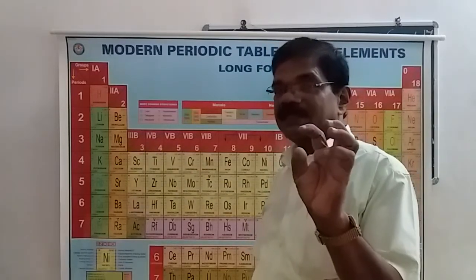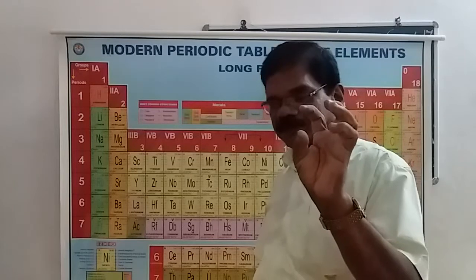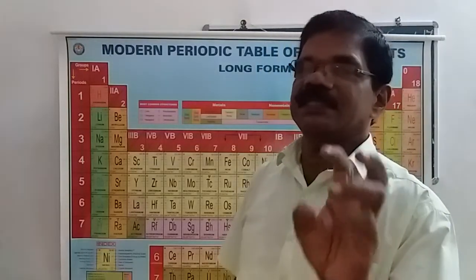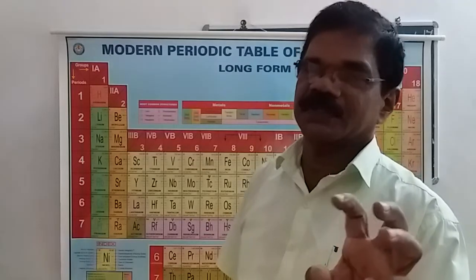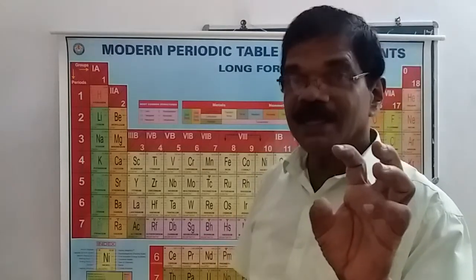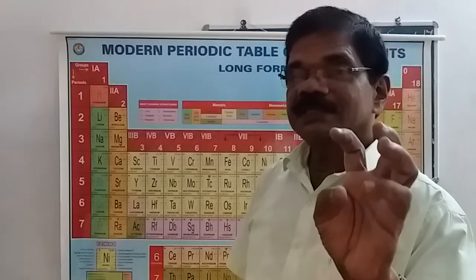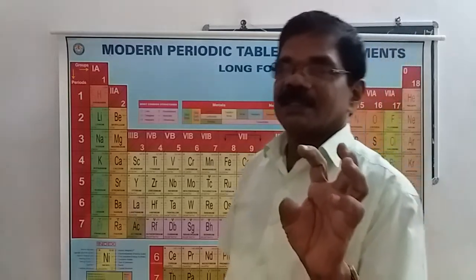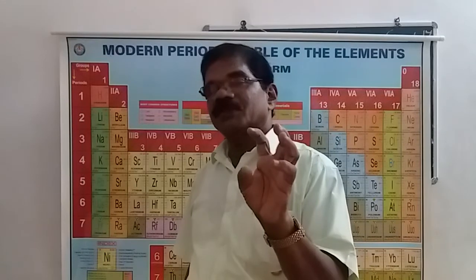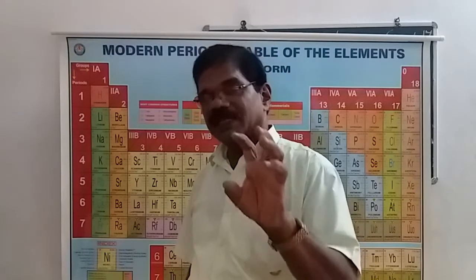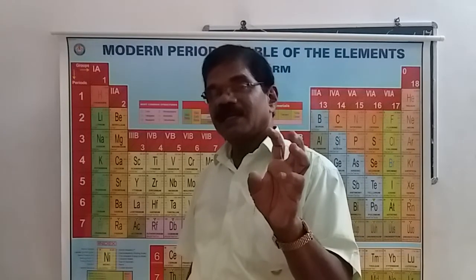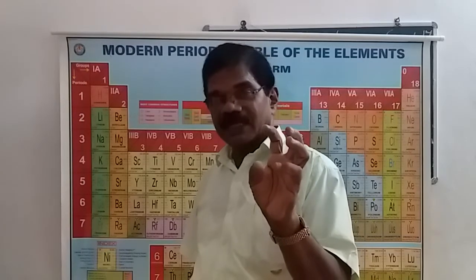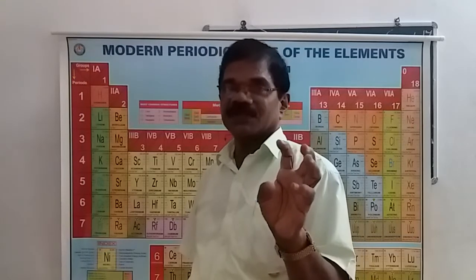You always remember the reactivity of metals depends upon their tendency to lose electrons. If a metal gives electrons more easily, it is more reactive. If the tendency to give electrons is very less, it is least reactive.